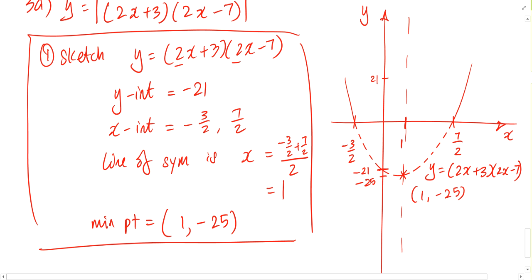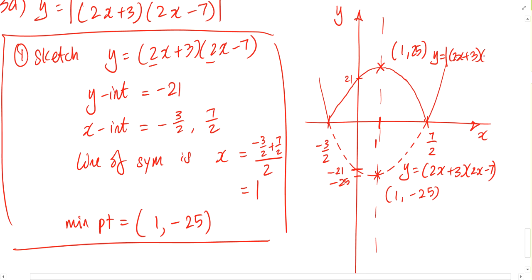Then the minimum point from (1, -25) becomes (1, 25). So indicate the turning point correctly. This is (1, 25). And there you have it. This is the graph of y equals modulus of (2x plus 3)(2x minus 7).